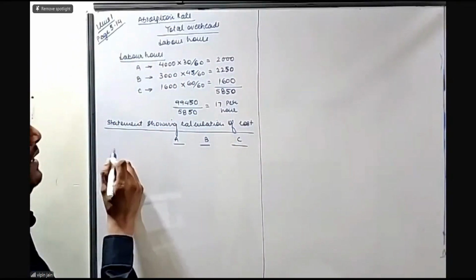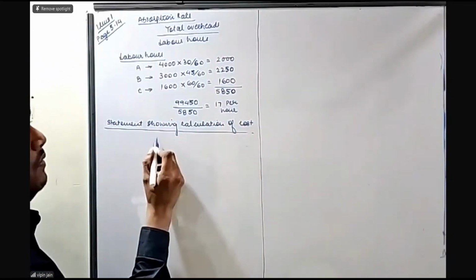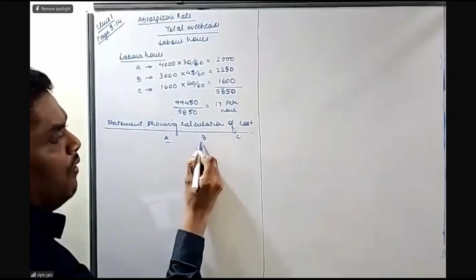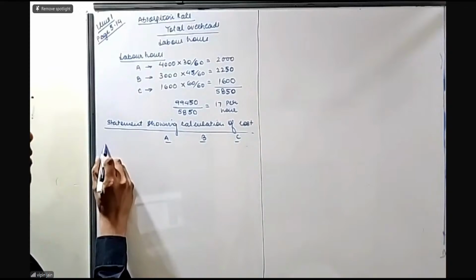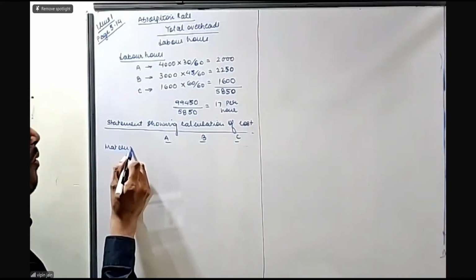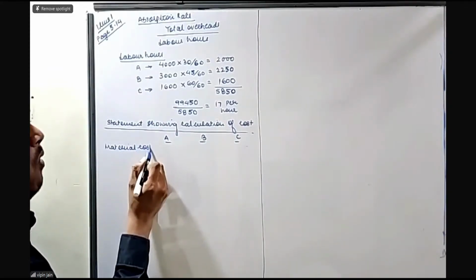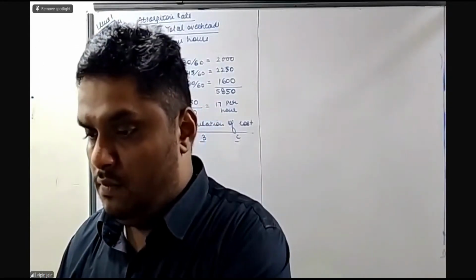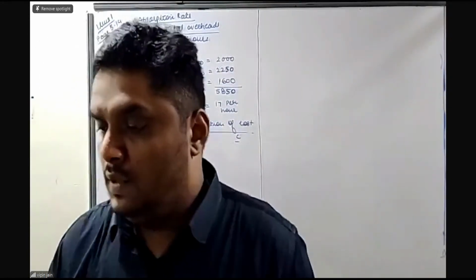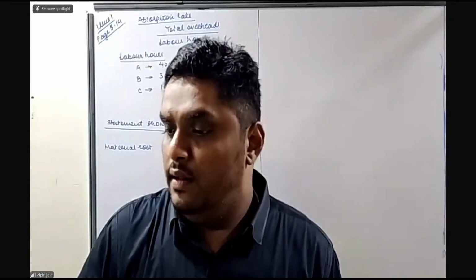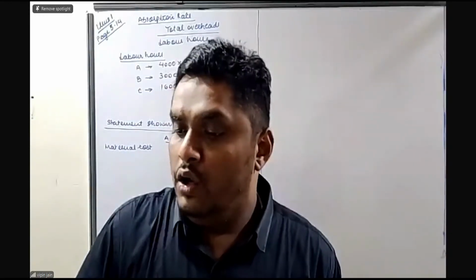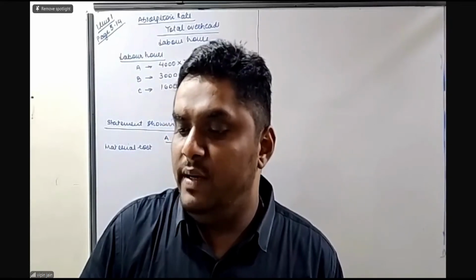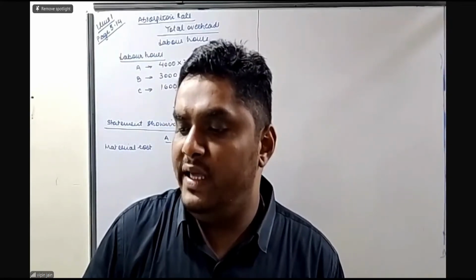So let's start with material cost. Herein, raw material required per unit is 4 kgs, and the budgeted material cost is rupees 2 per kg.